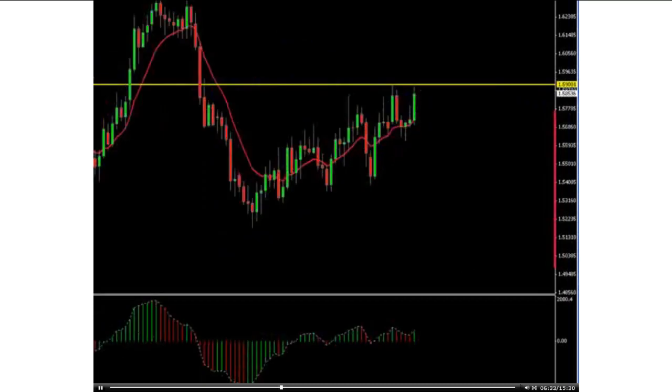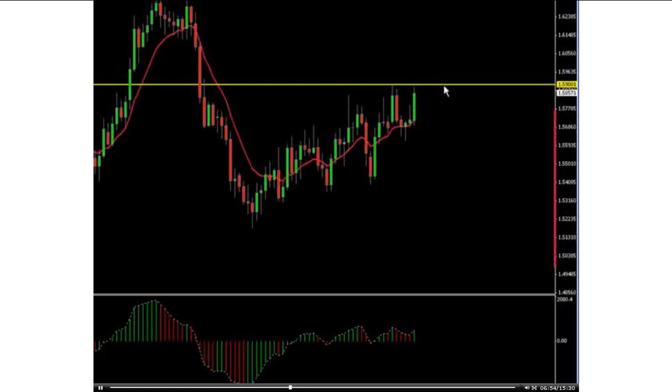Euro CAD. Euro CAD may give us a signal tonight. If things stay the way they are at the moment, we've had 4 red bars, we're now on a green day, and the trend is up. However, if this does not break and close above this candle, I would not take this trade under any circumstances.